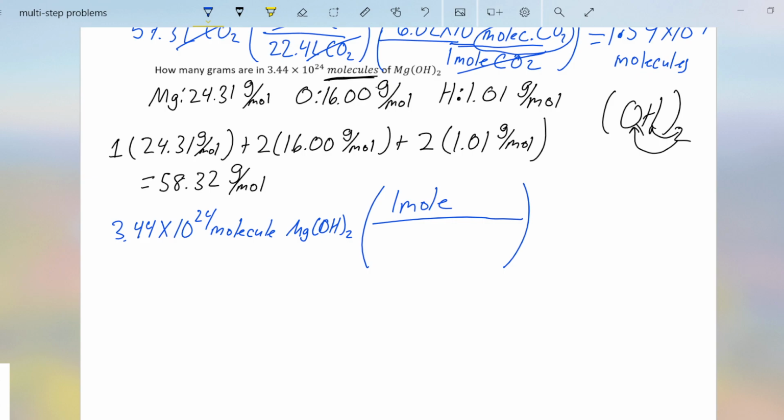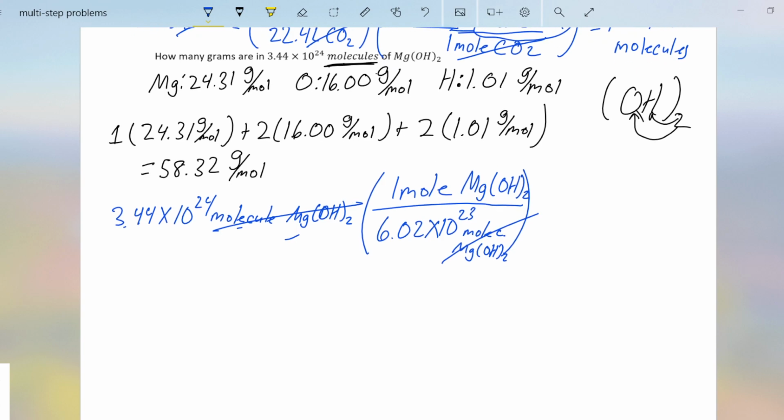On the bottom of our boat will be that 6.02 times 10 to the 23rd, Avogadro's number. And that is the molecules of MgOH2. These units will cancel molecules of MgOH2, and then we will have left over units of moles of MgOH2.